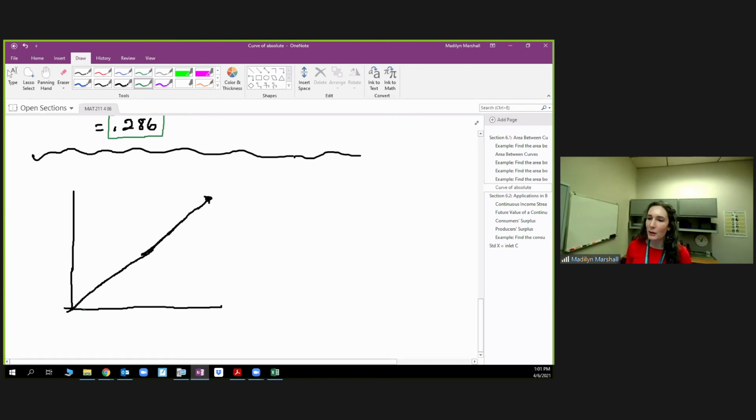A Lorenz curve will always have to start at 0, 0 and end at 1, 1 because it's representing the percent of families who have the percent of income that's on the y-axis at that point. So 0% of families should have 0% of the income, and 100% should have 100% of the income. So those are sort of given. We have to start and end at 0, 0 and 1, 1 respectively.